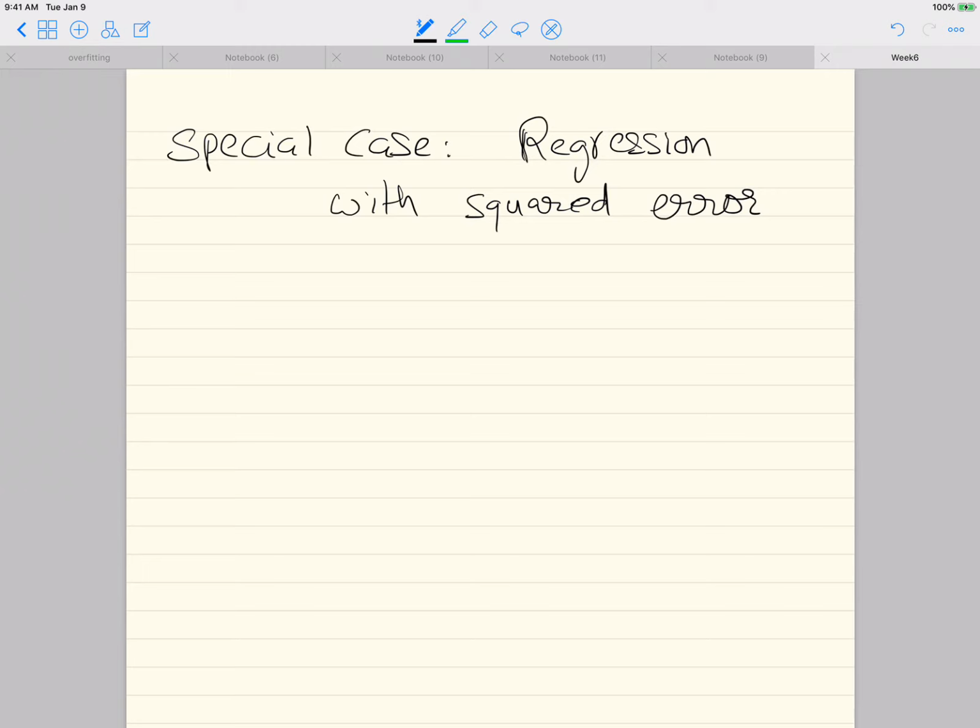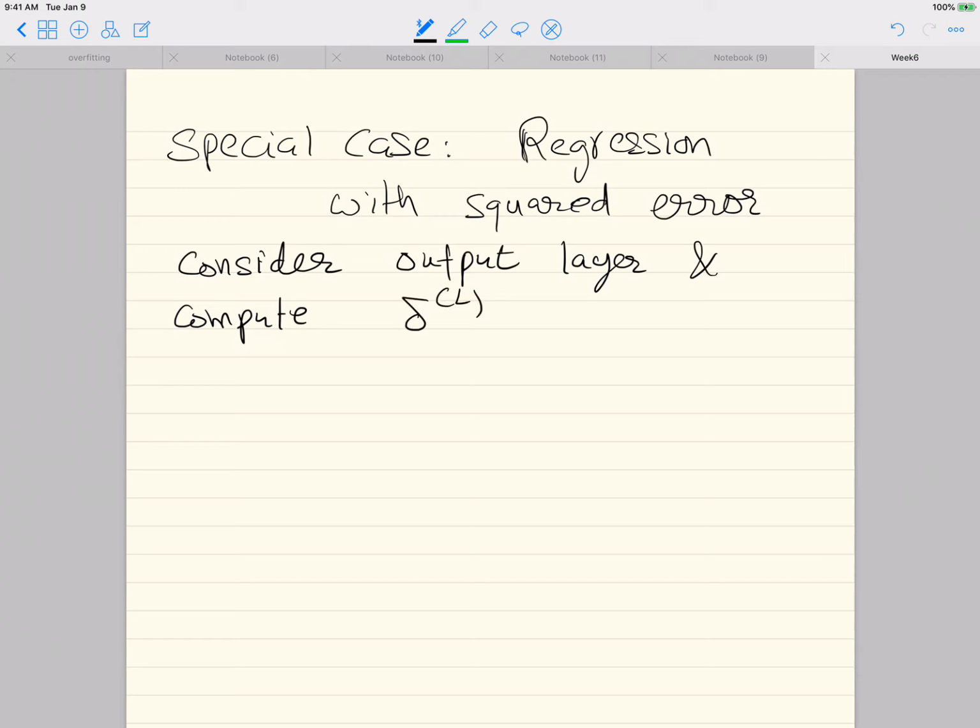Also, we'll consider just the output layer now. We want to compute the delta L at the output layer. So we want to compute dE omega by dSL at the output layer. That's our task right now.